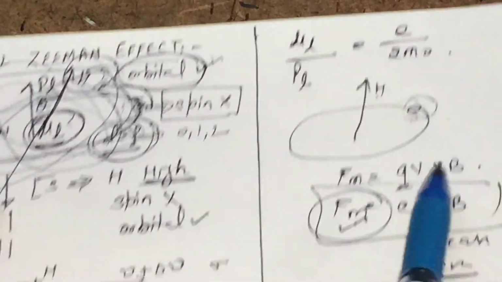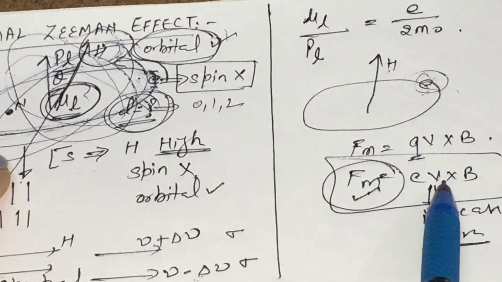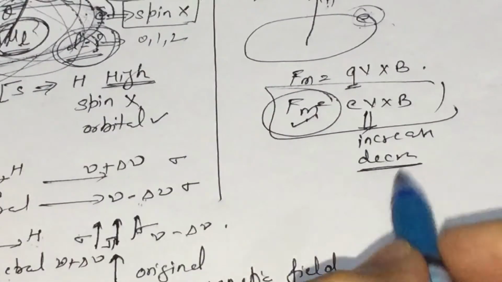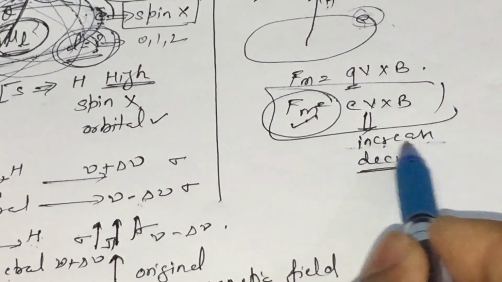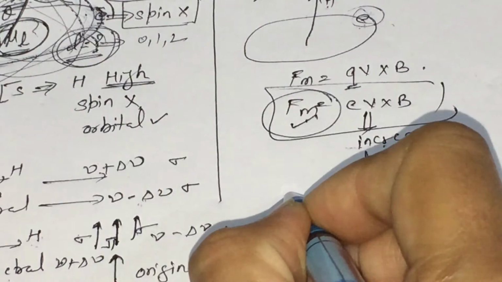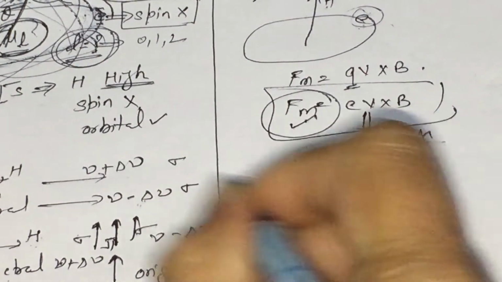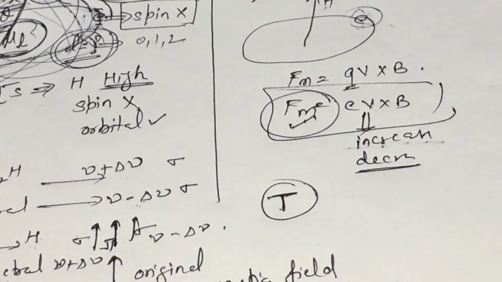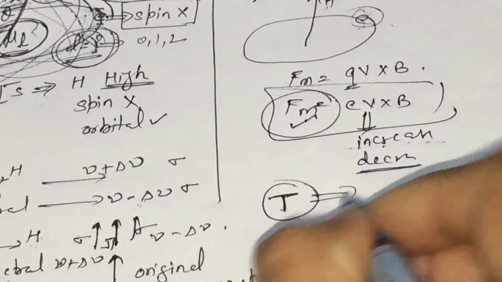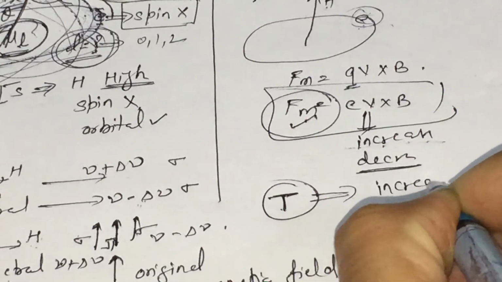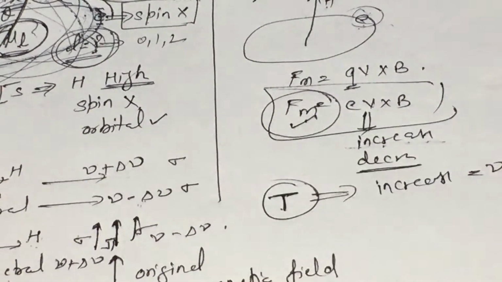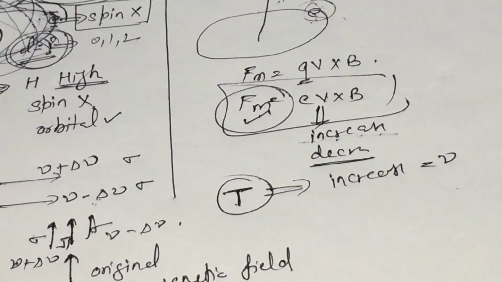And due to the change in velocity, if the velocity increases, in a particular period of time the number of rotations will increase. It means we are increasing the frequency of the electron moving in an orbital path.